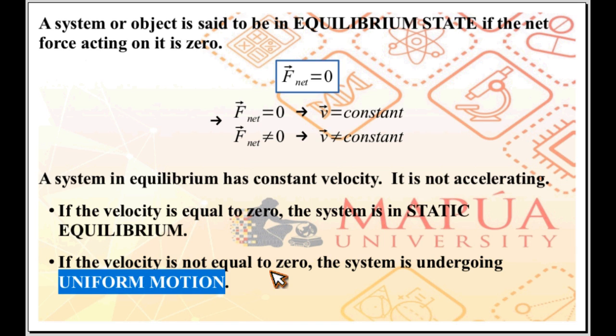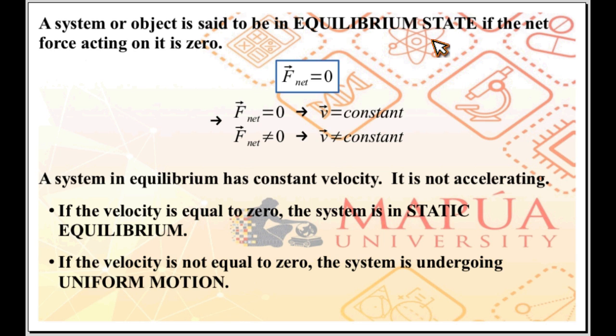So the uniform motion that we discussed in our kinematics, the equation for uniform motion will also apply for this case. For equilibrium state, velocity not equal to 0. So a system that is in equilibrium will either be static case or it will be undergoing uniform motion.